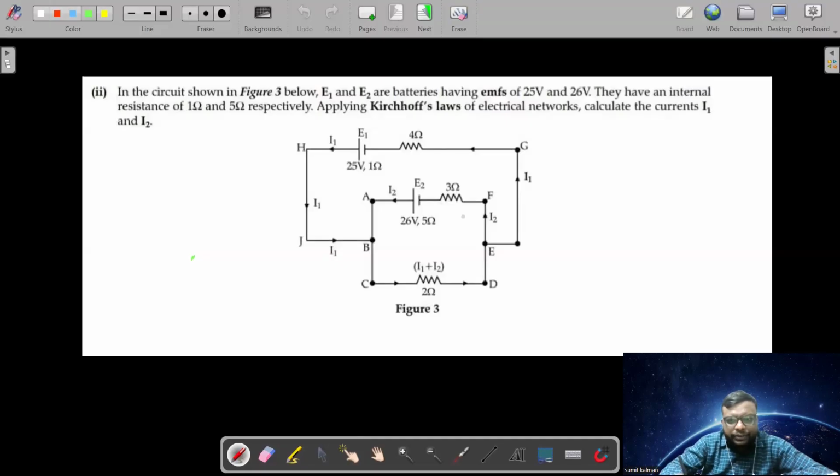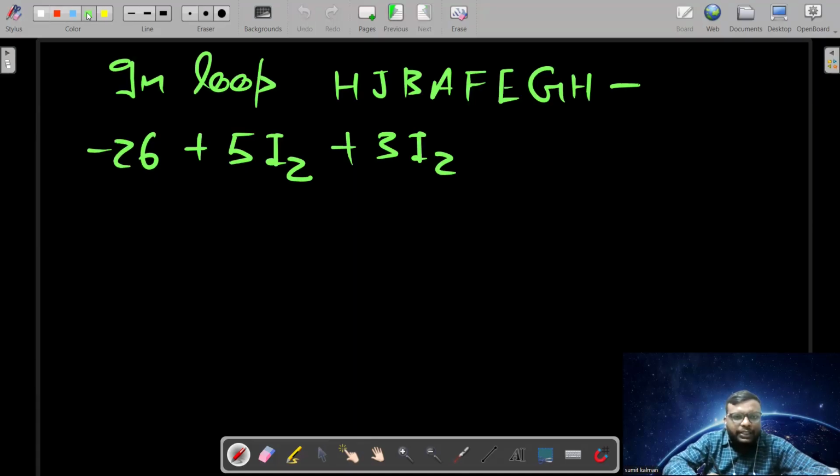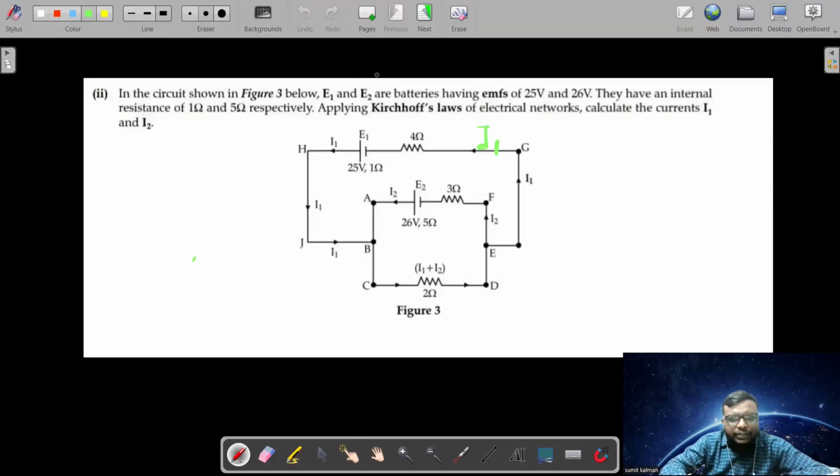Now next, FEG. Now just see 4 ohm. Here the current is I1 and I am moving in the direction of I1, so what will the potential drop be? It will be negative, so here it will be -4I1. Now next, internal resistance 1 ohm, current I1, and here again I am moving in the direction of current.